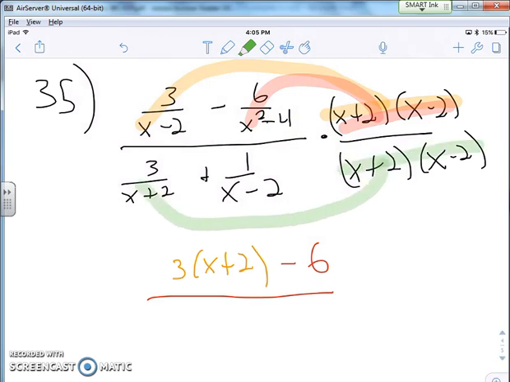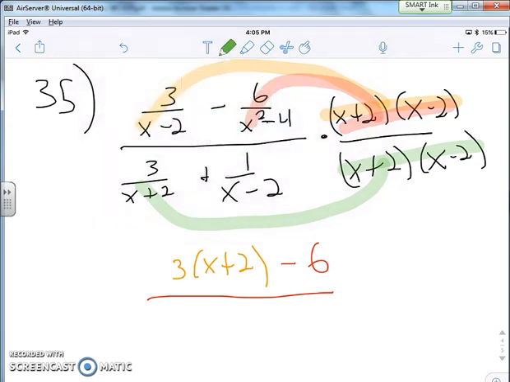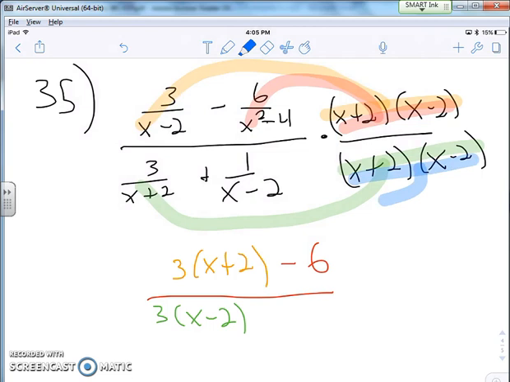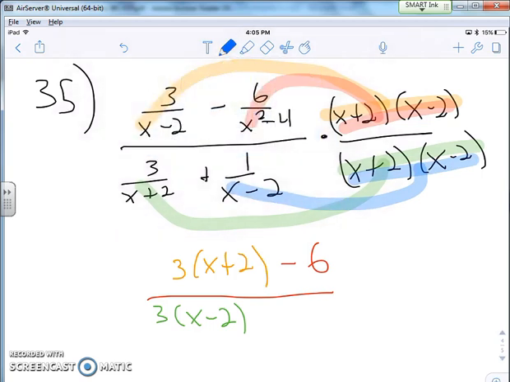We're going to distribute this over here. The x plus 2's cancel, and that'll give us 3 times the quantity x minus 2. And we're going to distribute here, and the x minus 2's cancel, and that's going to give us just x plus 2.